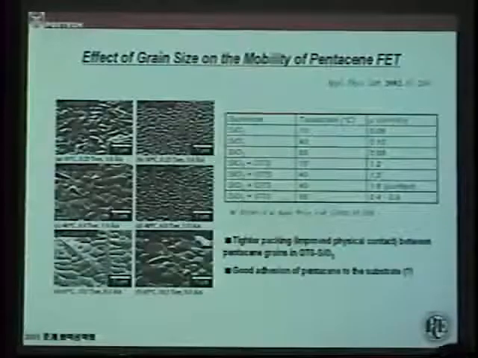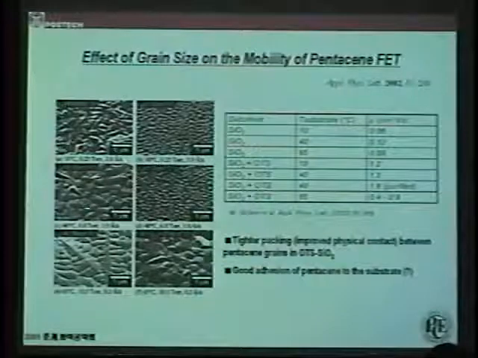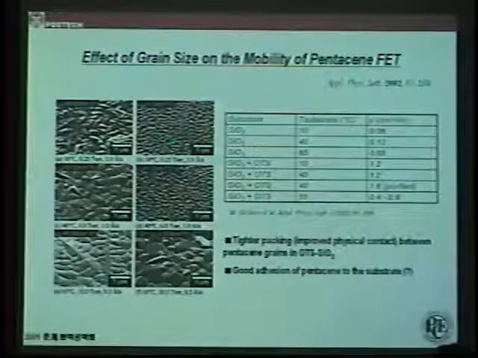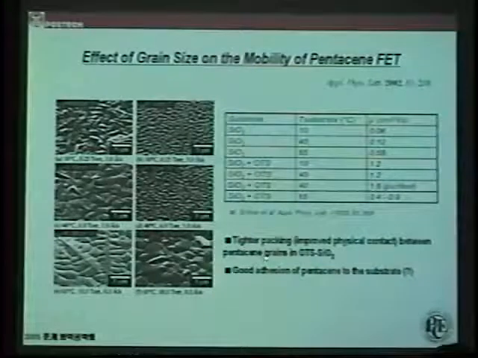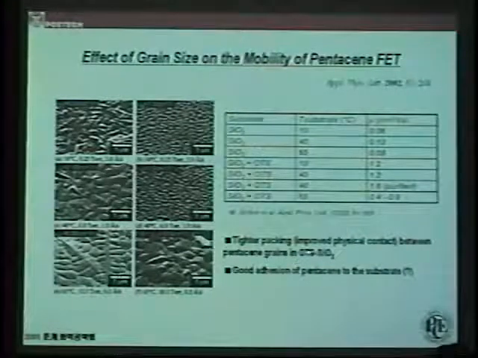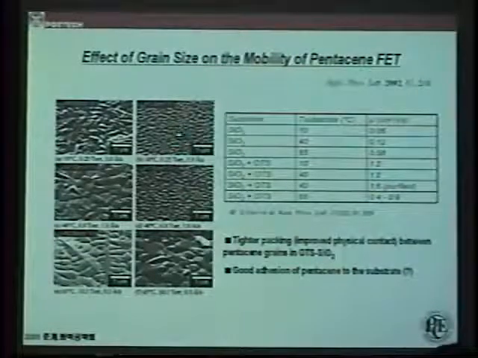So this is kind of a very opposite result. In this case, showing the mobility, this one is a silicon dioxide substrate, the dielectric layer. And on the right, this SiO2 was modified by OTS, octadecyltrichlorosilane. Then we have a reduced surface energy, and also a smaller grain size.